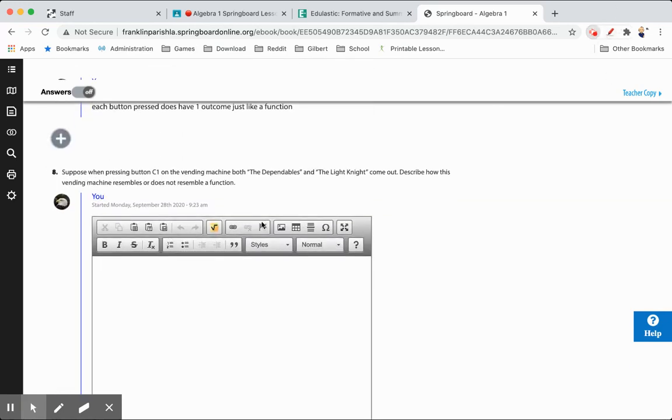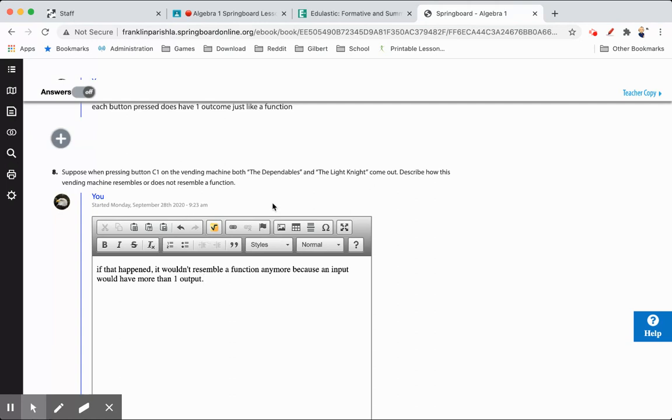If that happens, it wouldn't resemble a function anymore, because an input, pressing the button, would have more than one output.